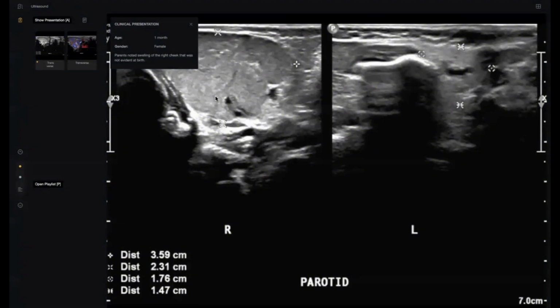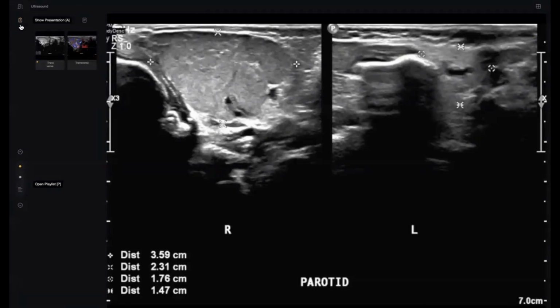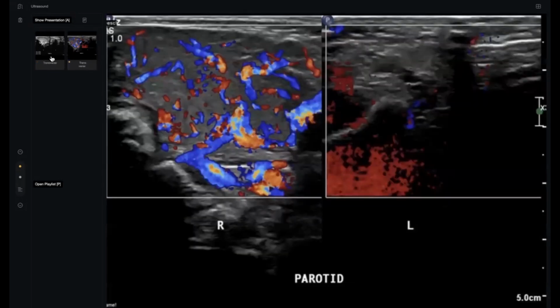This is a one-month request control list. A one-month-old female patient presented with right cheek swelling. Okay, sir. These are ultrasound images of a one-month-old child with a cheek swelling.